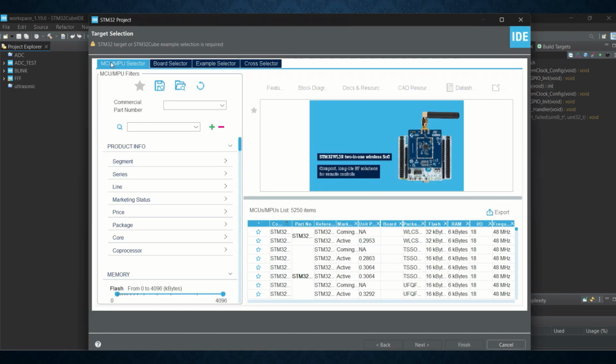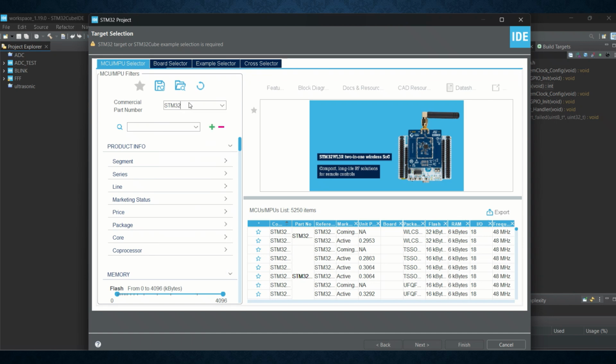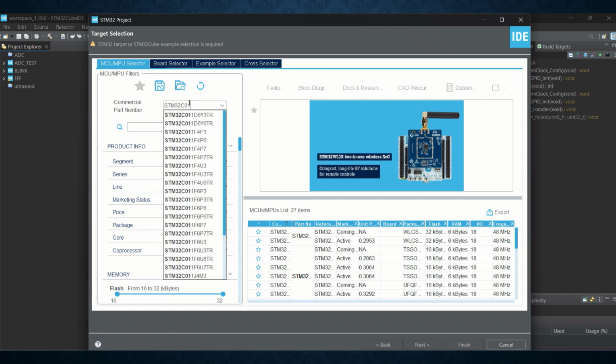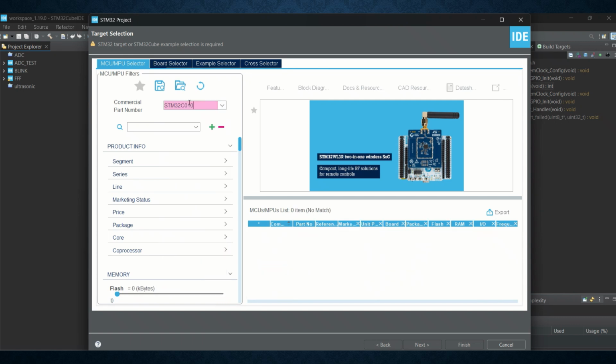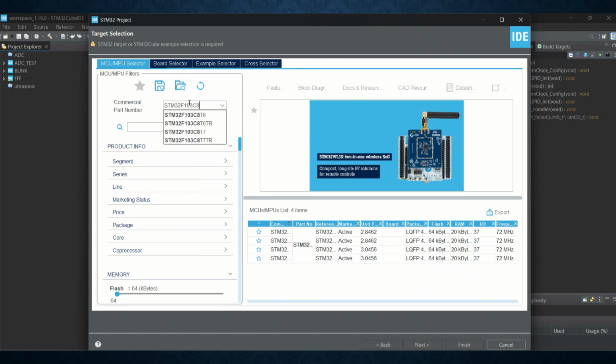Now go to the MCU MPU selector. In this, select STM32 F103 C8T6, this one.